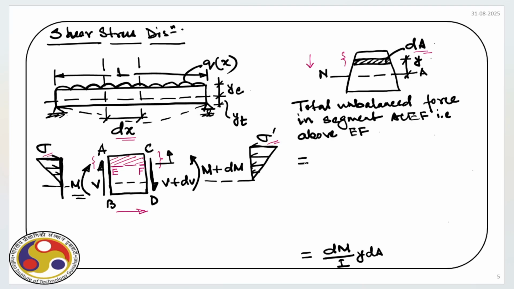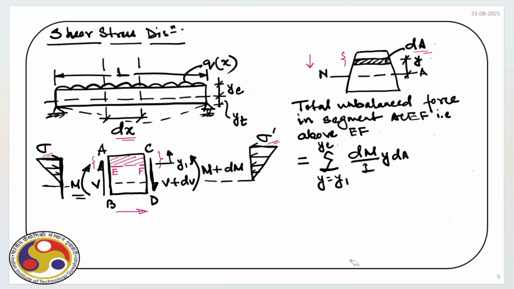What is that? We can sum the forces as we move, say this point is at y1, so y equal to y1 to yc. For all the layers, if we find out the summation, we can also integrate.